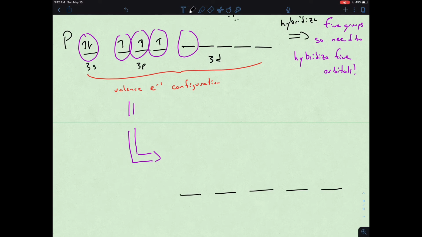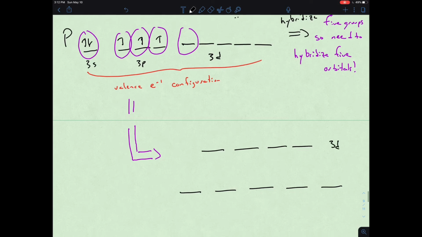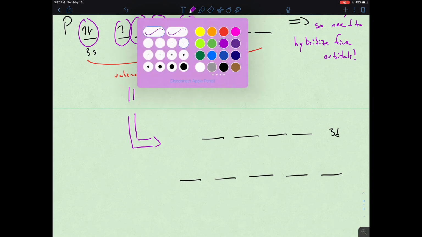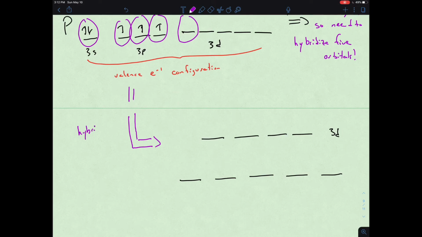We still have 1, 2, 3, 4. These are the 3d set that we haven't changed from above. And here we're now undergoing that process of hybridizing 5 orbitals to make bonding orbitals. And so now this is called sp3d.